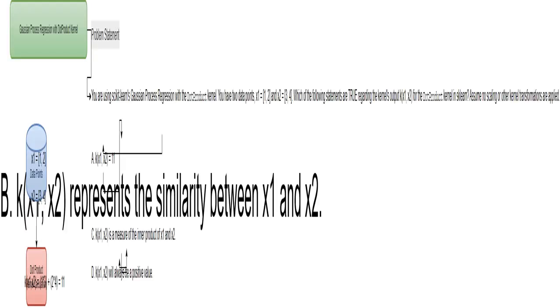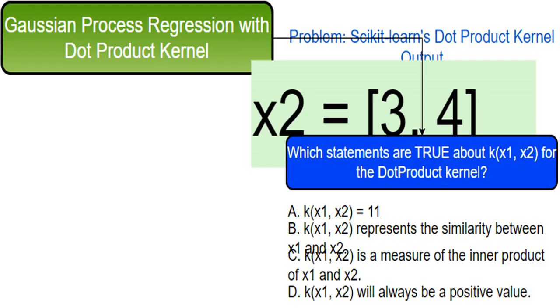This is absolutely correct. A larger dot product implies greater similarity between the vectors. Think of it as how much the vectors point in the same direction. I am calculating the dot product of vectors x1 and x2: 1 times 3 plus 2 times 4 equals 11. This shows statement A is true.